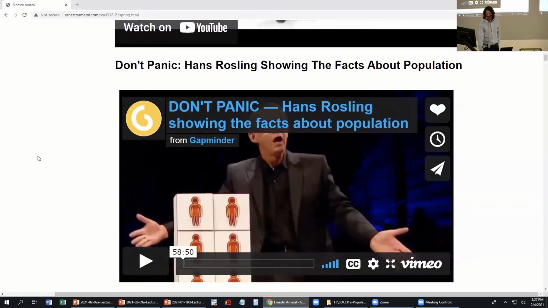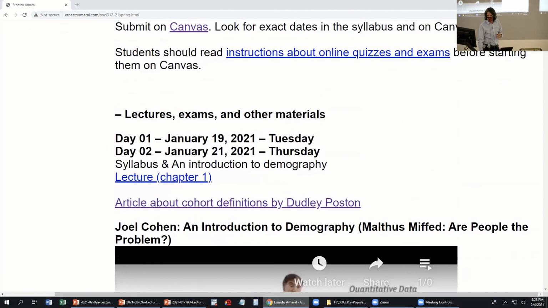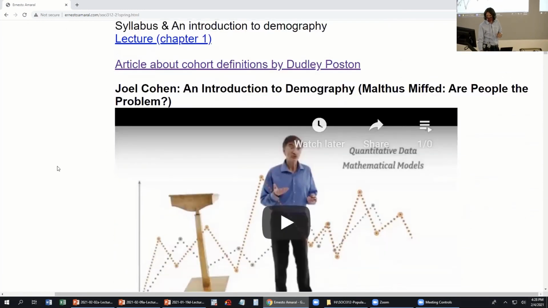He was a public health researcher, created this institute Gapminder, and they generate a series of software graphs and videos that show statistical and demographic data in a really simple and friendly way. You can watch this video here, it's almost 1 hour long, and it's really good. And it's under our course website under days 1 and 2.